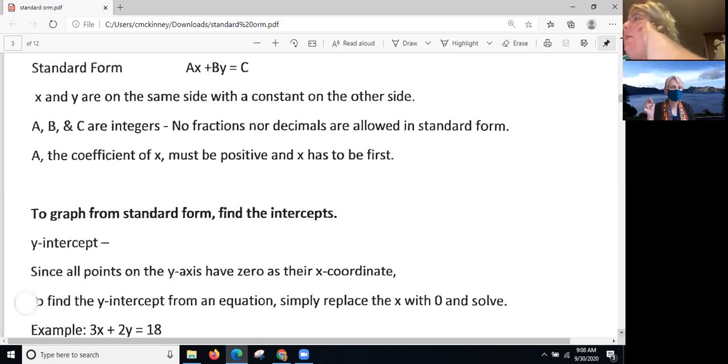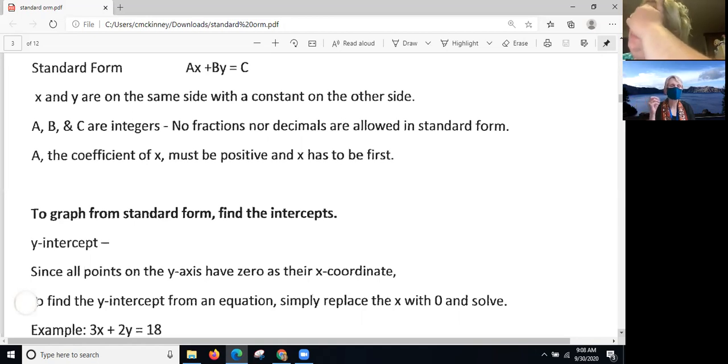And the coefficient of x has to be positive, and the x has to go before the y. So now we know why he's your x, because he is picky, picky, picky. He has to go first. He doesn't allow any fractions or decimals, all right?